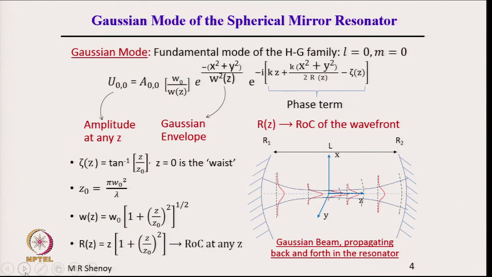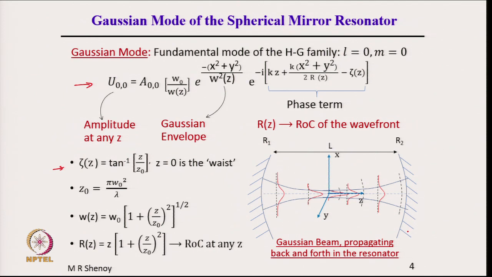So, the Gaussian mode of the spherical mirror resonator is the fundamental mode of the Hermite-Gauss family. We have already repeated this. The amplitude at any z has the Gaussian envelope term here, where zeta of z is equal to tan inverse of z by z naught, and z equal to 0 is the waist.